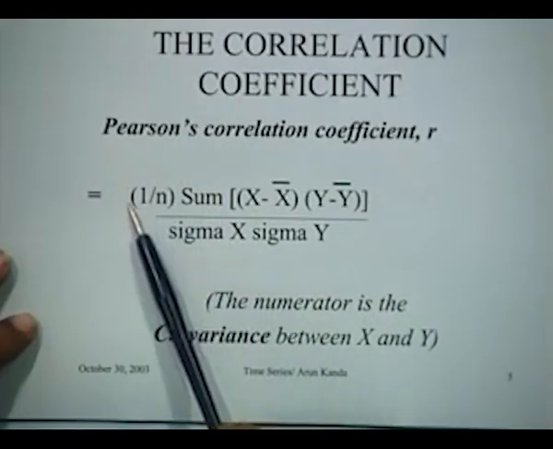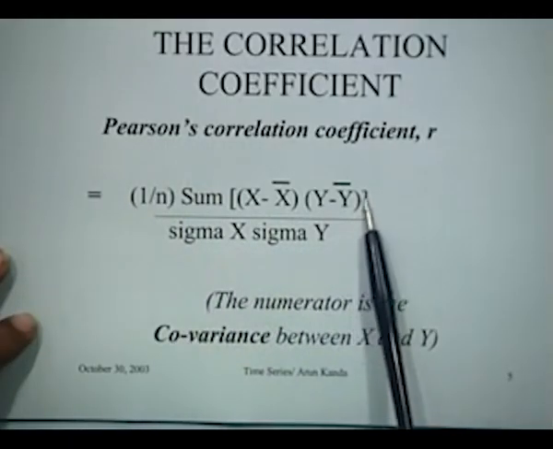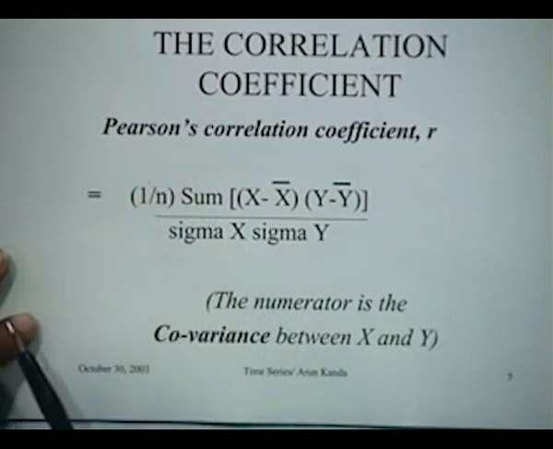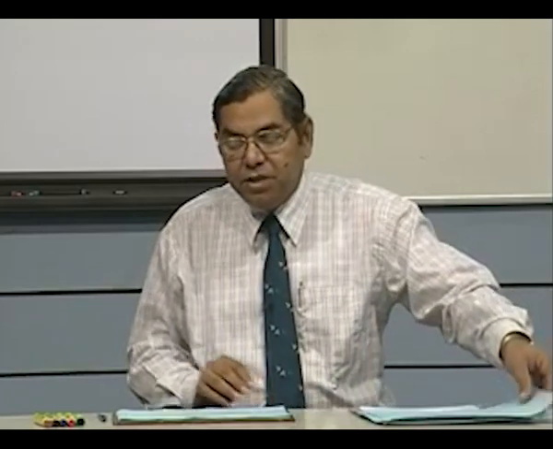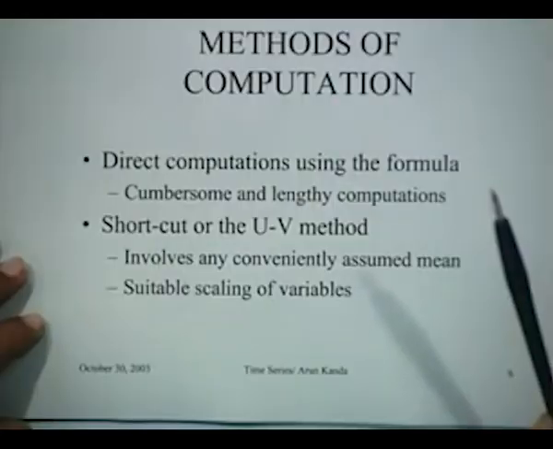And the numerator, which is this expression 1 by n sum of x minus x bar into y minus y bar, is generally defined as the covariance between x and y. So covariance divided by the sigma x and sigma y will actually give you the correlation coefficient. There are various ways of computing the correlation coefficient between the two series.